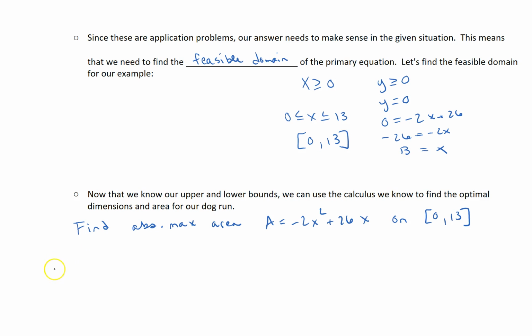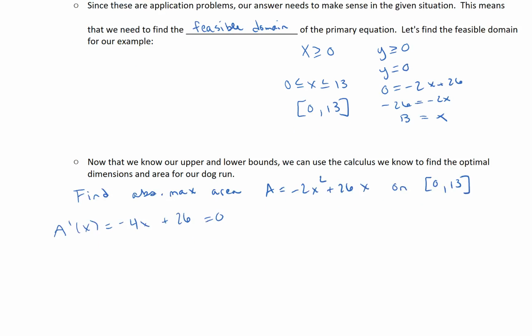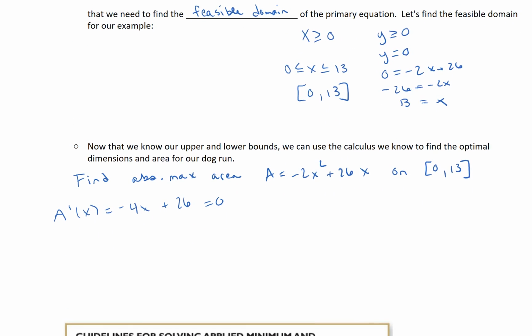So I'm going to find the derivative. A prime of x would be negative 4x plus 26. If you set that equal to 0, you get that 4x equals 26. And if you divide by 4, you get that x is 26 over 4, which is 6.5 feet.